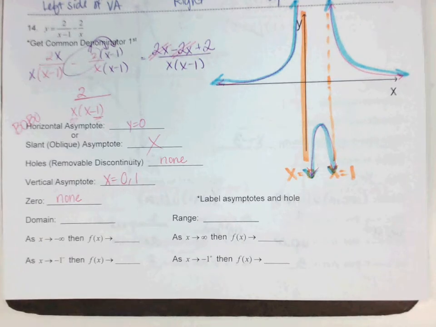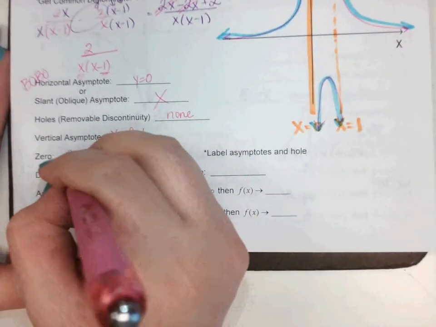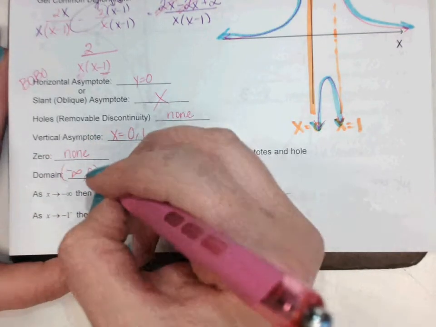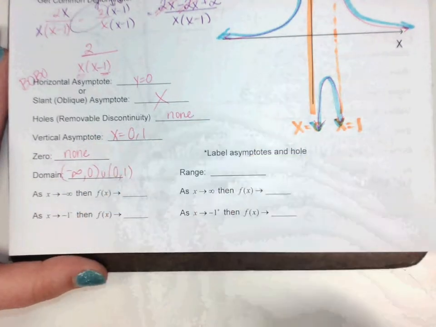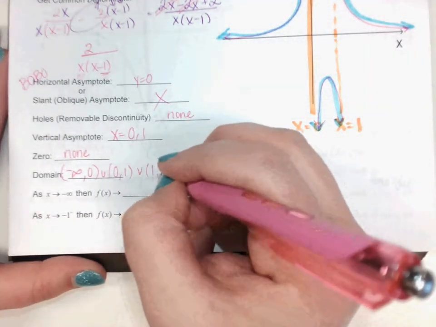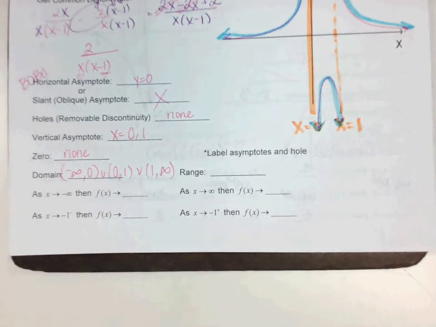Okay? Now, let's review these little questions. My domain, how many x's can I not touch? 2 of them. What are they? 0 and 1. So I'll go from negative infinity till 0, union 0 to 1, then I have to break it up again, union 1 to infinity. Okay?